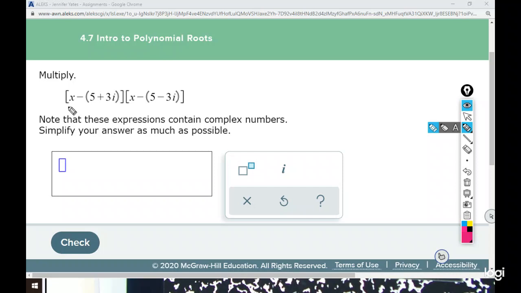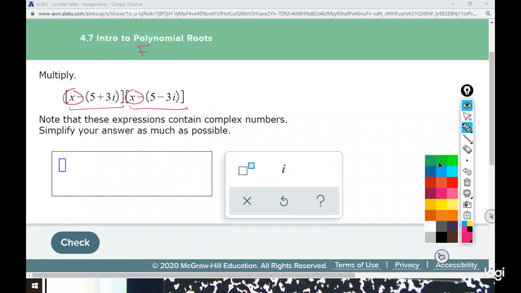You guys, even though it's big, can you see that I've got a parenthesis times a parenthesis? I look at these guys as the first. And then I look at these as the outside. Oh, this is just too much fun.